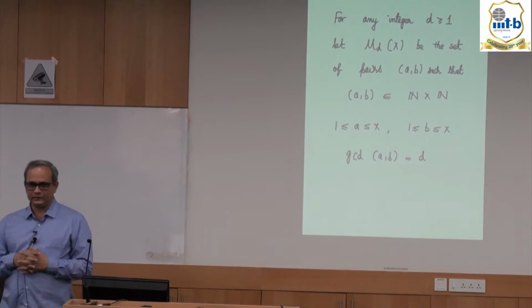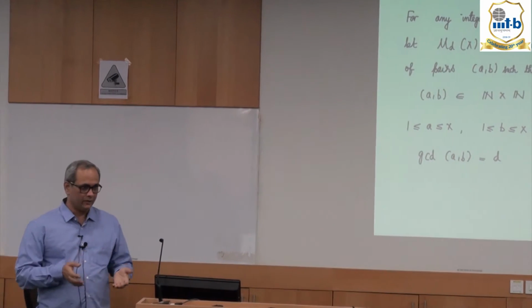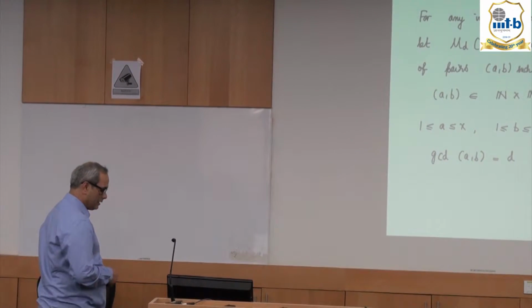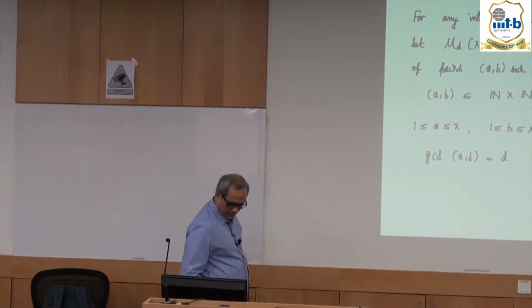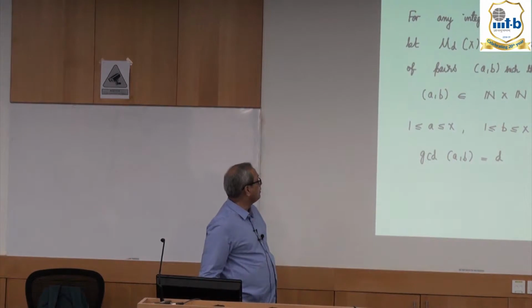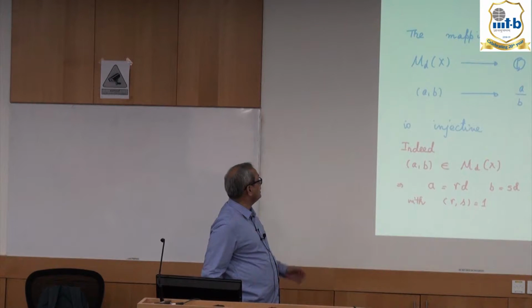So you consider the set of all pairs (a, b) with GCD d. Now, what are the properties of this M_d(x)?